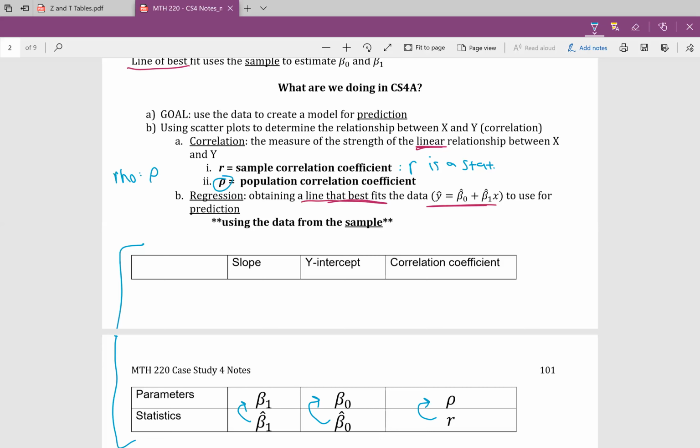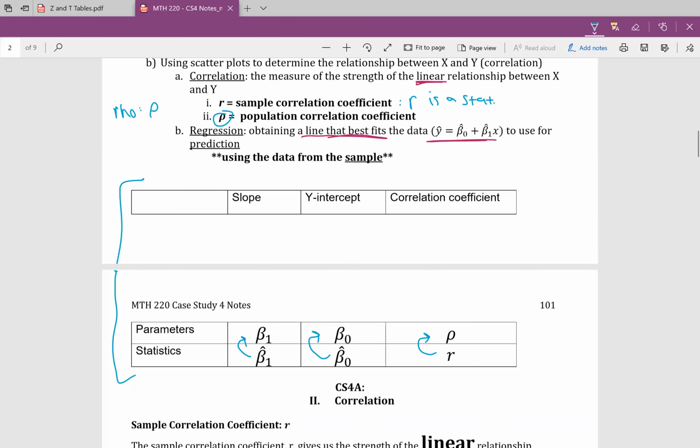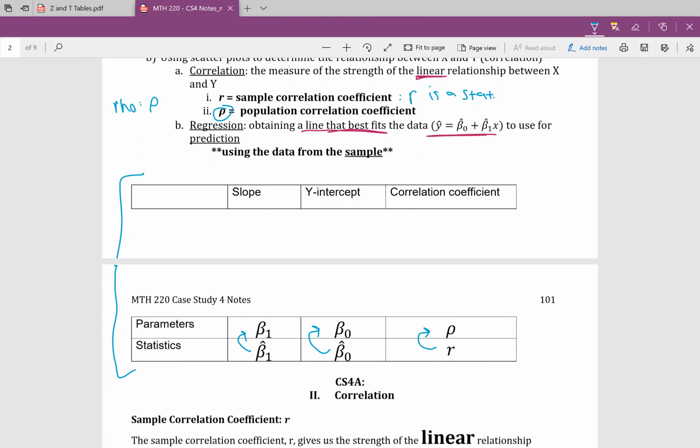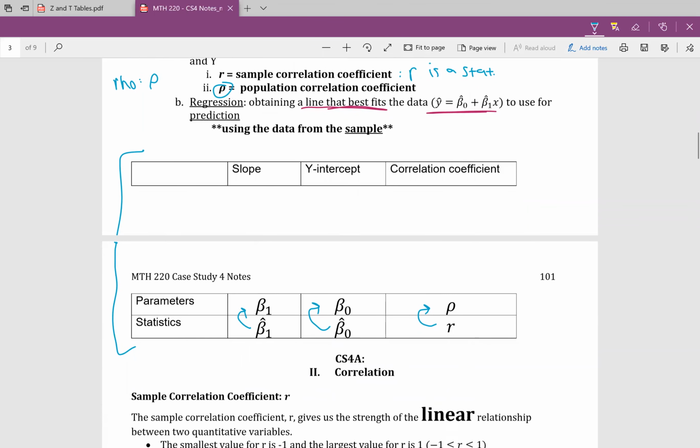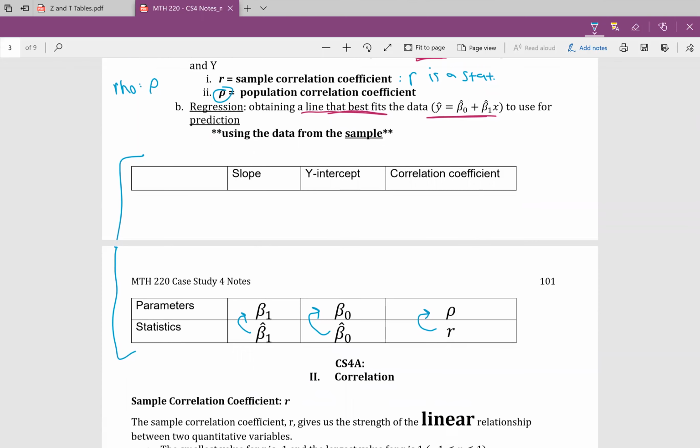Okay, so the next thing I want to get into is talking about correlation coefficient. The sample correlation coefficient is R. I already mentioned before that the correlation coefficient measures the strength of the linear relationship. So again, linear relationship, that's an important part here.